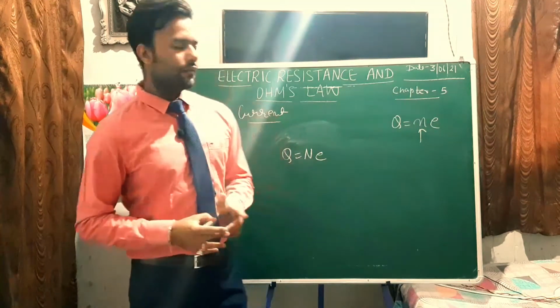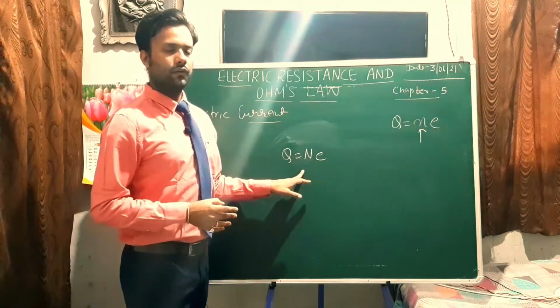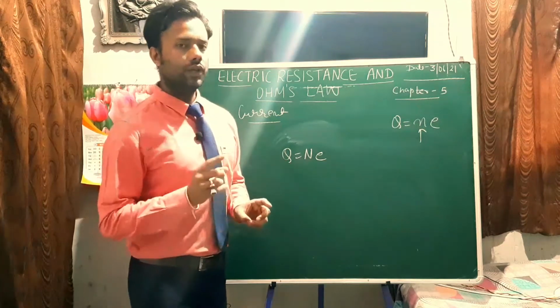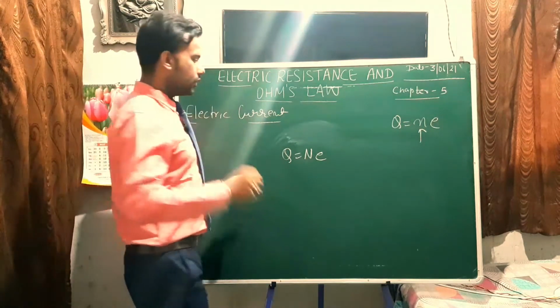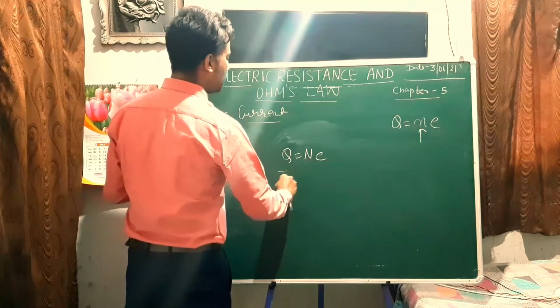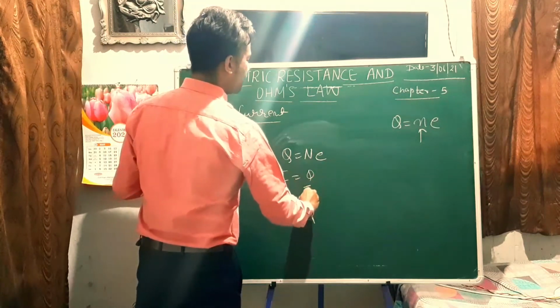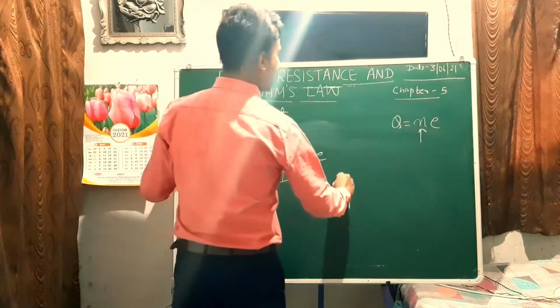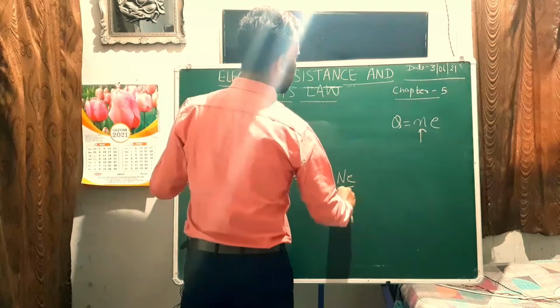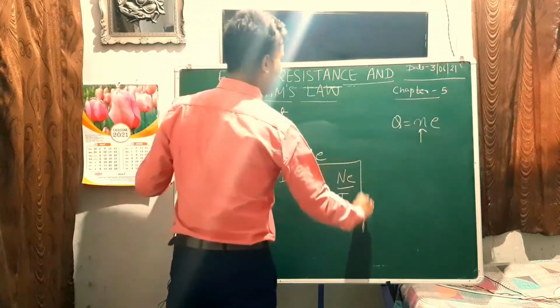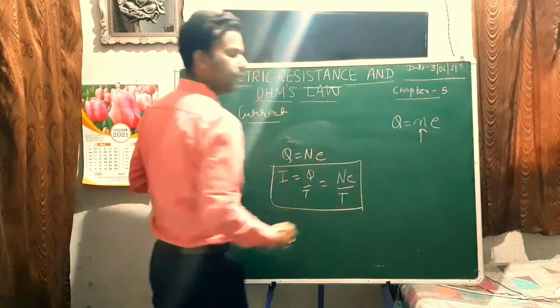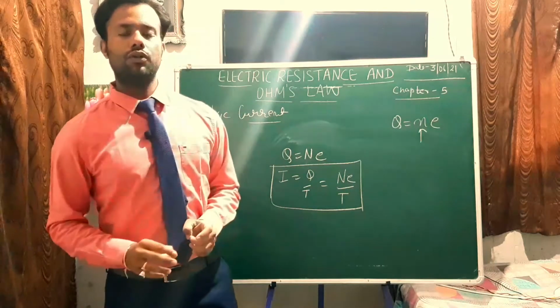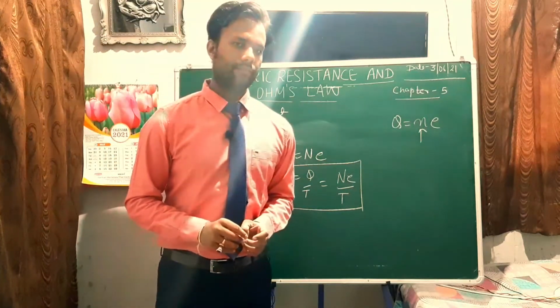So that's why I have written capital N here, which is the total number of electrons. So from the first formula, I equals Q by T, the formula will become N e by T. So this is one more formula in terms of the number of electrons flowing in a circuit.